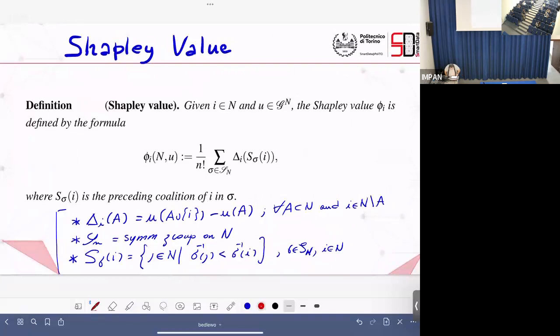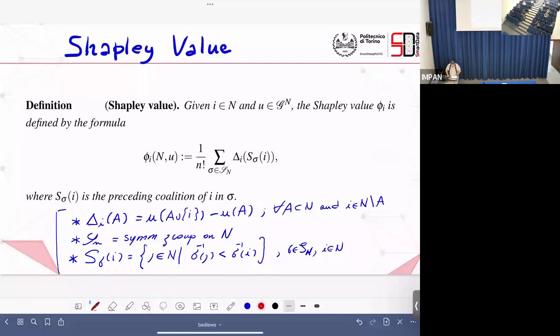Shapley value. So this is the definition. Then we see that there is a magic definition because it does exactly what we want. Let's try to understand what this writing here means. So given a game U and a feature i, the Shapley value phi i is defined by this formula, the average practically over the symmetric group, all possible permutations, of this delta i of S sigma of i.